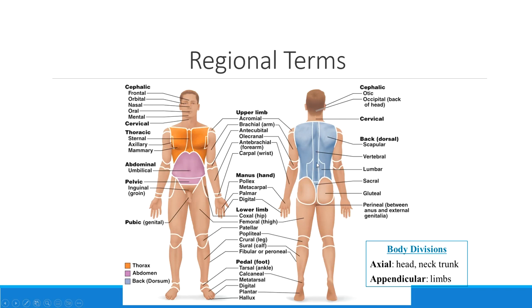In the very middle of the chest, we have what's known as the vertebral region. The vertebral region gets its name because this is where the vertebrae, the bones of your spine, are found. And in the lower back, we have what's called the lumbar region. The way that I like to remember the lumbar region is if you get back pain in your lower back, that's called lumbar pain.